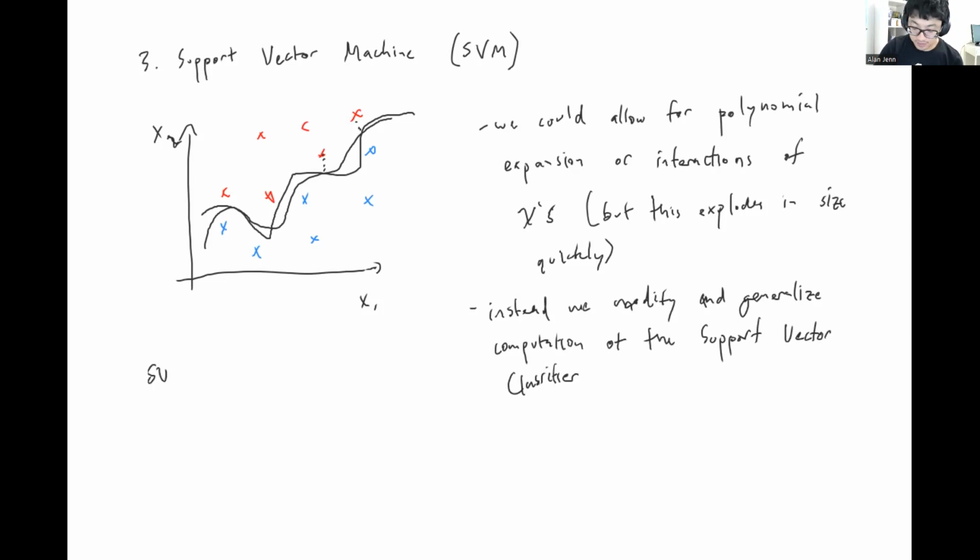So our SVC, which was the number 2 model, uses a linear kernel, but with SVM, we can employ more complex kernels.